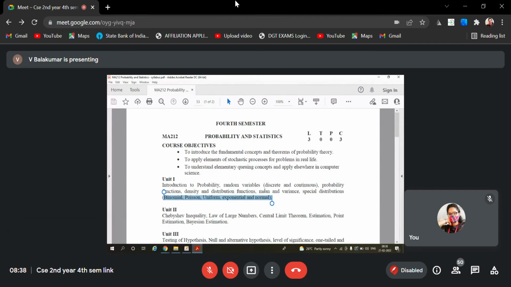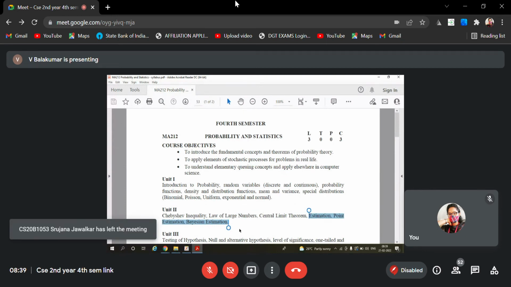Now we would like to study unit 2: Chebyshev inequality, law of large numbers, central limit theorem. These two are related to probability again, whereas this part is related to estimation, to statistics. Look at the course name, probability and statistics.